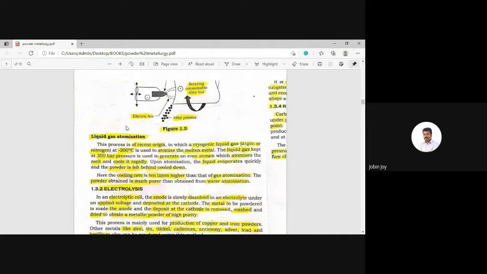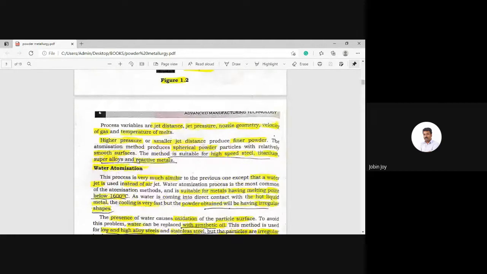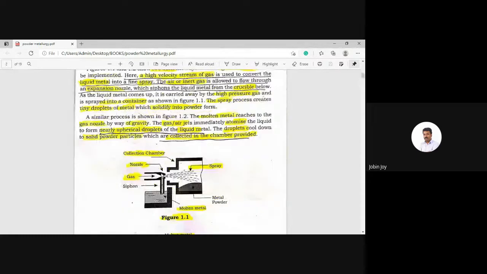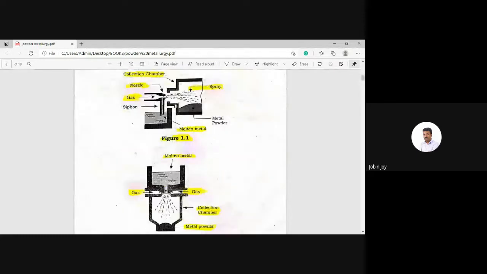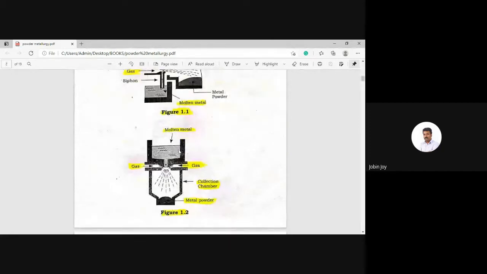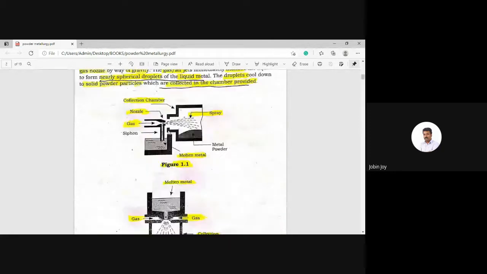So the question is: what are the different methods of atomization? First you have to write gas atomization, then draw figure 1.1 and the next figure, and explain this gas atomization.